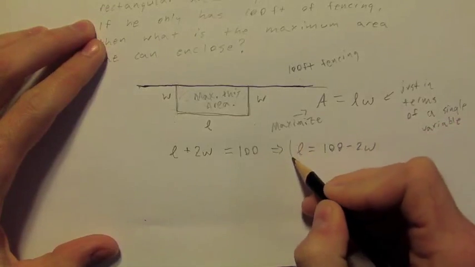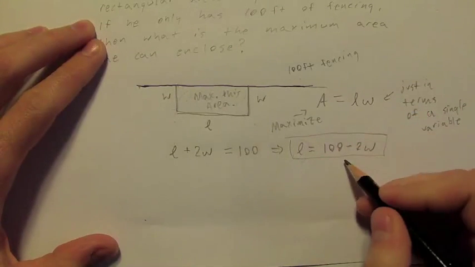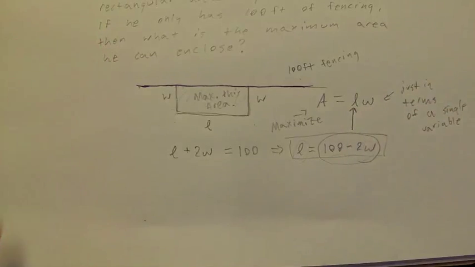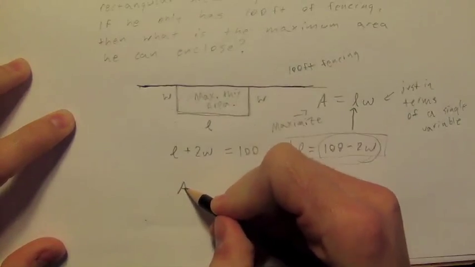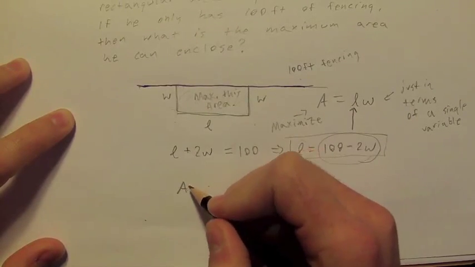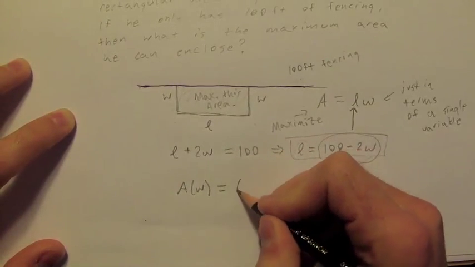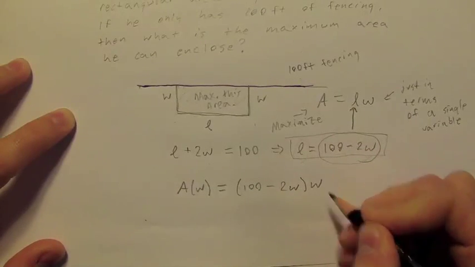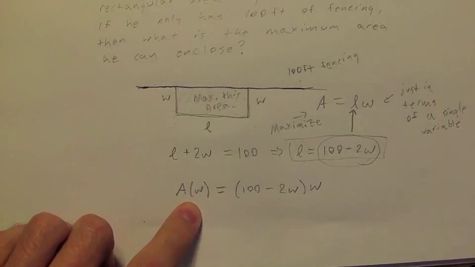It's always best to just solve for whatever's easiest. And now, I have L equals 100 minus 2W. If I put that in, replace L with 100 minus 2W, I now have a function A, which is the area, okay, which is a function of a single variable.